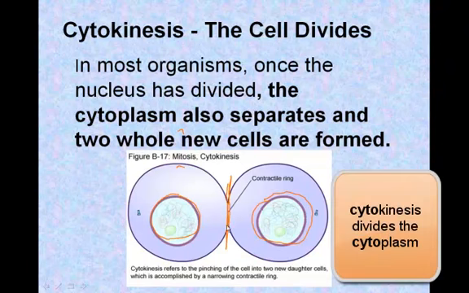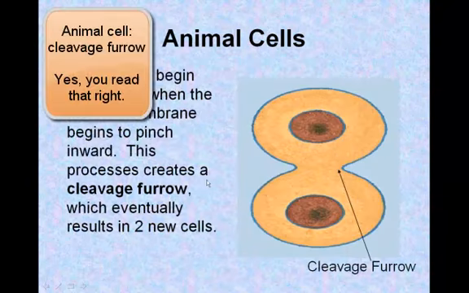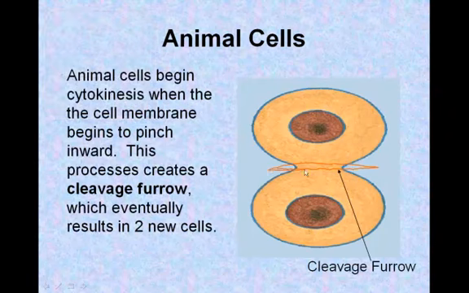Now there is a difference between cytokinesis in plant and animal cells. In animal cells, you get what's called a cleavage furrow. I know all the gentlemen will know exactly what I mean when I say cleavage, because that's what it looks like. It looks like two circles being pinched in. It's a cleavage furrow.